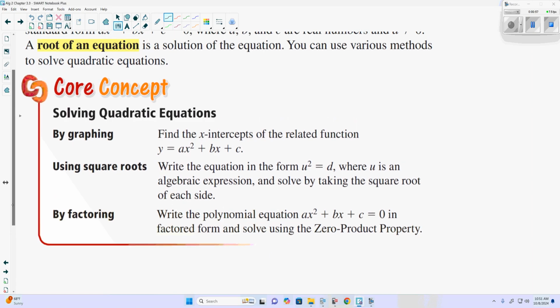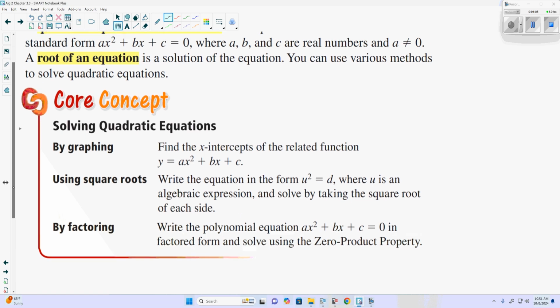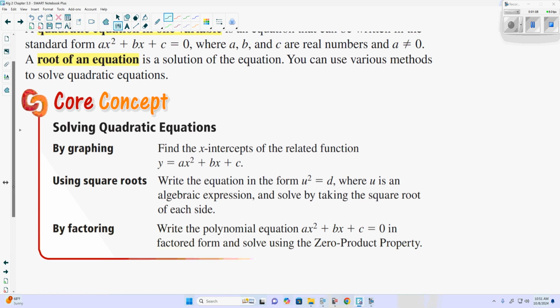The other way we can do is use the square root method. We will be going over that in this section 3.3, and by graphing. Whenever we graph it, we're looking for the x-intercepts, where it crosses the x-axis. Because when a graph crosses the x-axis, the y value is 0. It's what values of x will make the function be 0. And we call these solutions roots of an equation, intercepts, zeros.